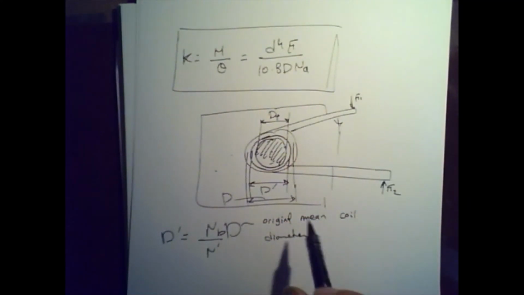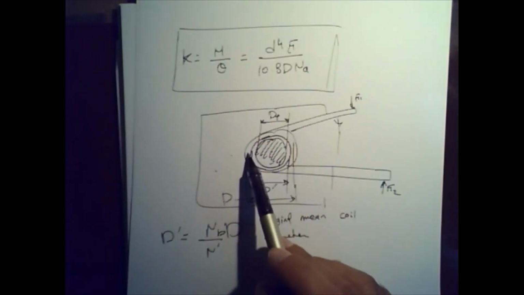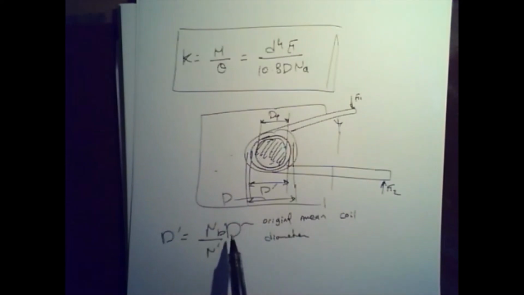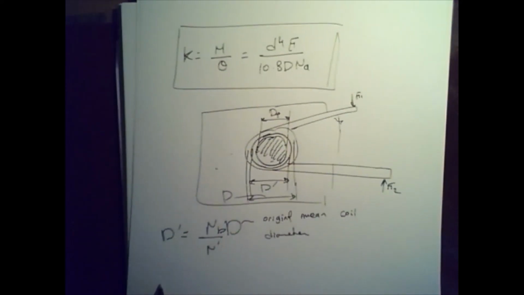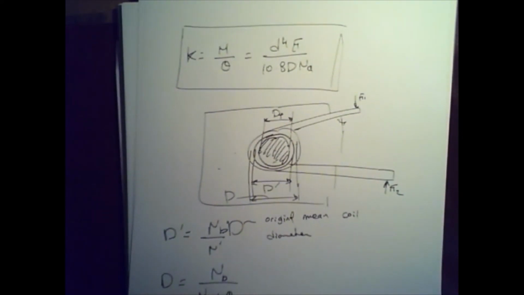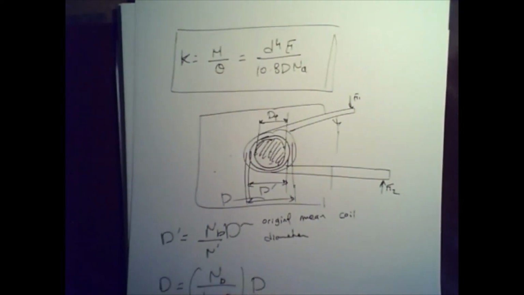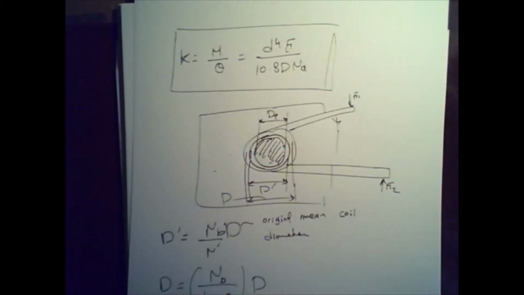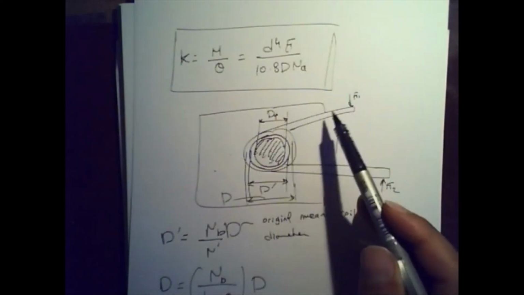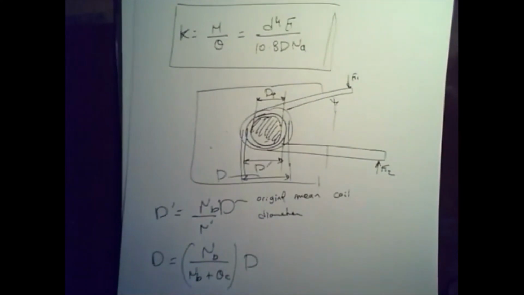The mean coil diameter of the torsion spring is always, like I said, from the middle of the wire to the middle of the wire. And N prime itself is going to be equal to N_B plus theta_C. So theta_C is going to be the deflection of the coil itself, not including the deflection of these wires, or the legs.